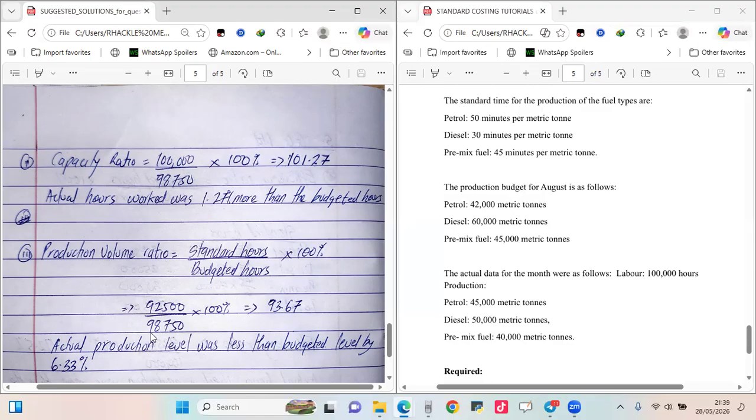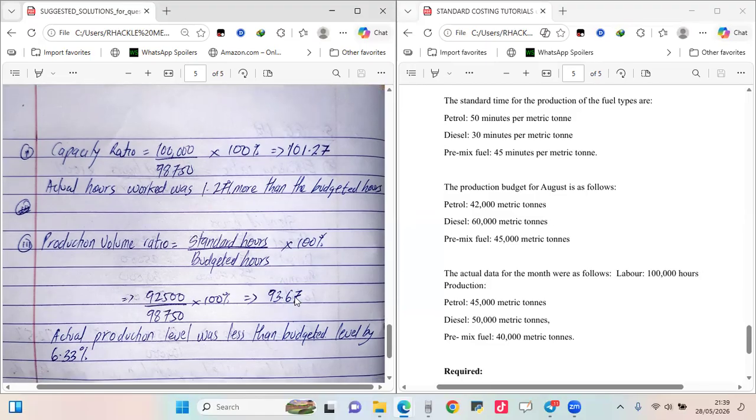We've already solved for the standard hours, 92,500, and the budgeted hours, 98,750. We divide and get 93.67%, which is trying to say that the actual level of production was less than budgeted by 6.33%, which we get by subtracting 93.67 from 100%.